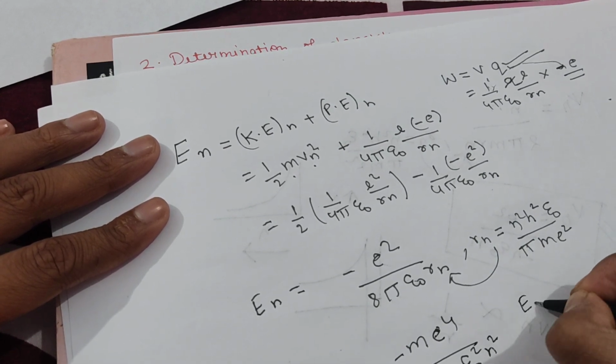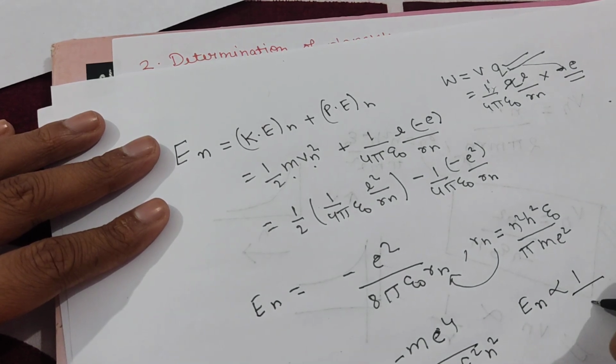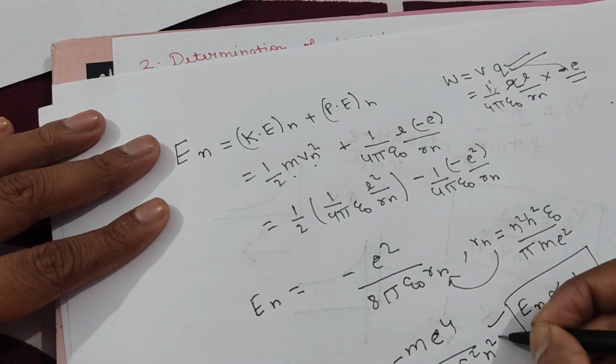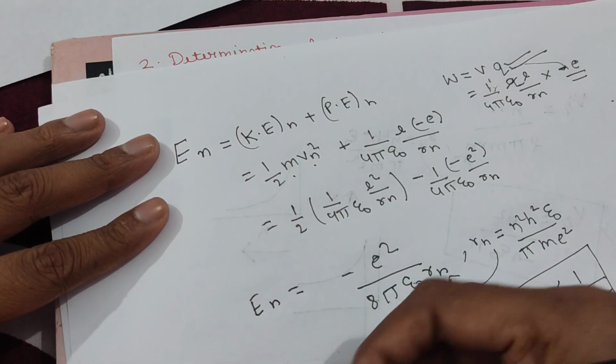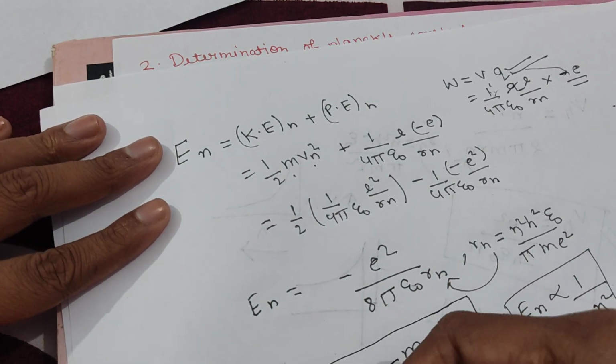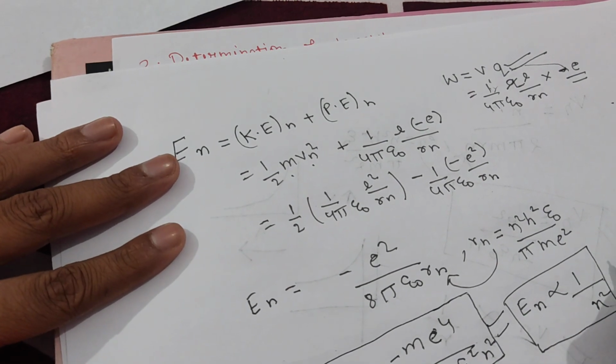So here we can say E_n is inversely proportional to n squared. Okay, this is the main formula. You need to also remember this. Okay, and after putting all these values, like we know the epsilon naught.